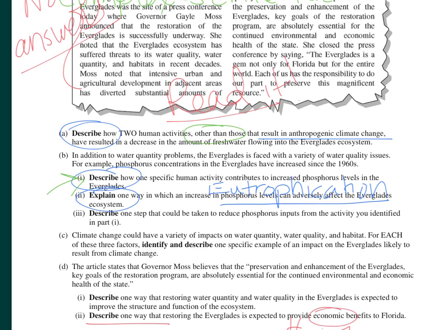They said the answer was found for describe how one specific human activity contributes to increased phosphorus levels in the Everglades, and they thought the answer was found here. And it was not. So this was a clue, but the students had to write more precise and detailed information. So they could use this as a clue, but had to pull something out of their brain and not just quote from the document.